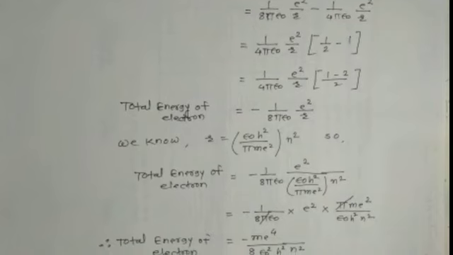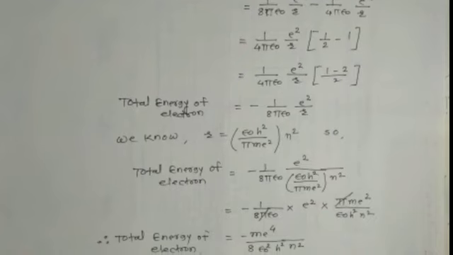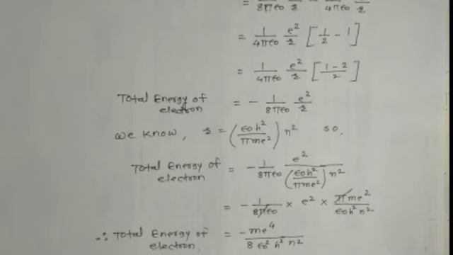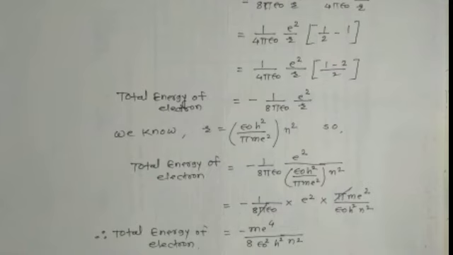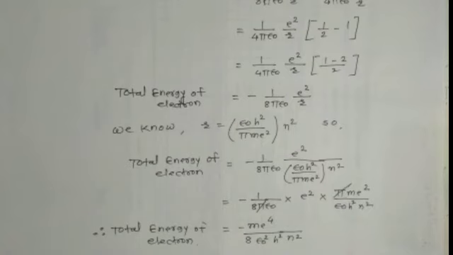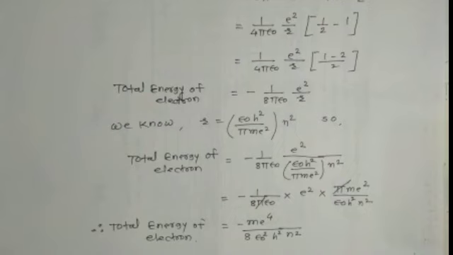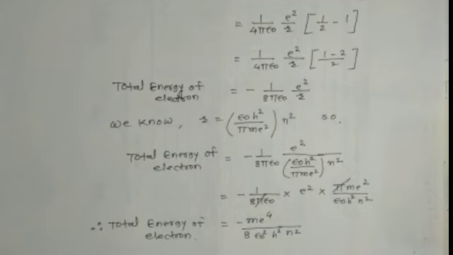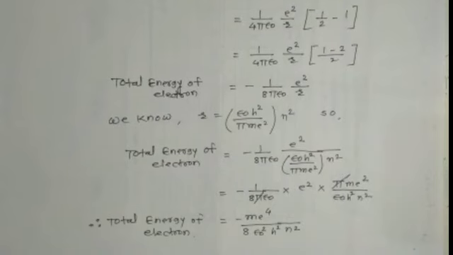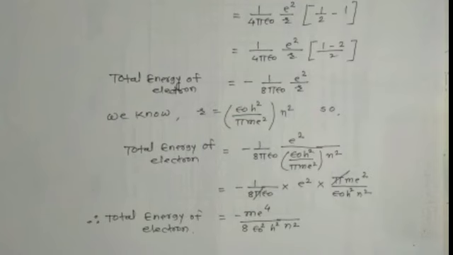But we know the radius of orbit r is equal to epsilon 0 h square upon pi m e square, into n square. If we substitute the value of r, then total energy of electron is minus m e raised to 4 upon 8 epsilon 0 square h square n square. That is the formula for total energy of electron in Bohr's theory of hydrogen atom.